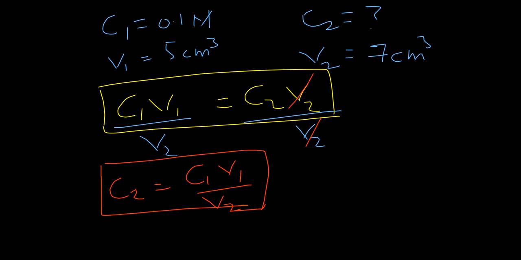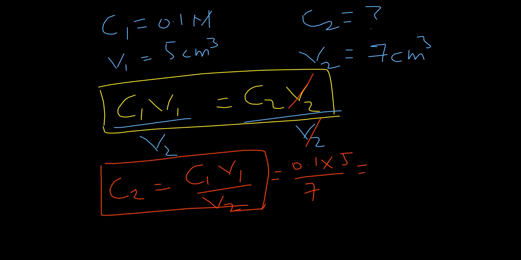So let's do this. From the information provided, C1 is 0.1 times V1 which is 5 centimeter cube, divided by V2, which is 7 cm cube. Let me just clean the cm cube, it's not really important. So you now have this.